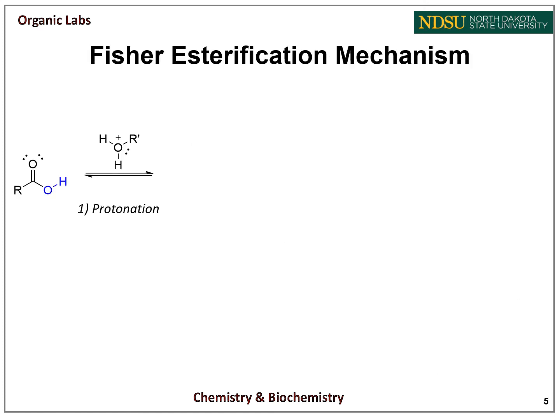Now for the Fischer esterification reaction mechanism. The first step is that the carbonyl oxygen of the carboxylic acid will become protonated by removing a proton from a protonated solvent molecule.